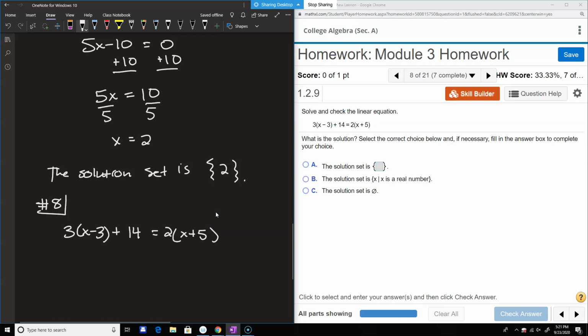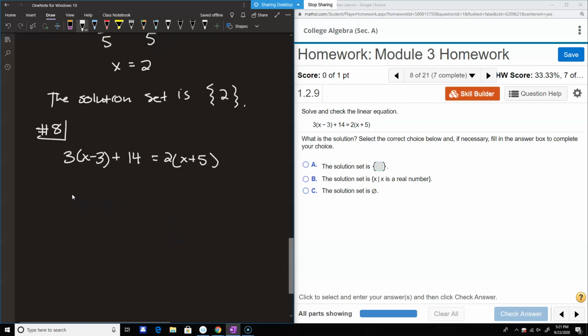The only way to get rid of those parentheses is to use the distributive law. So 3 times x is 3x. 3 times negative 3 is minus 9 plus 14. And then distribute on the right-hand side of the equation as well. So we do 2 times x, which is 2x, plus 2 times 5. Okay, so the negative 9 plus the 14 can be combined on the left. So we have 3x plus 5, and that will equal 2x plus 10.